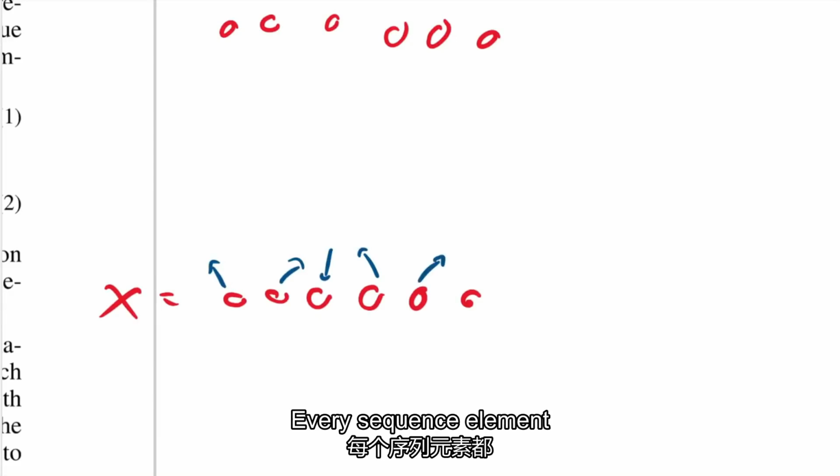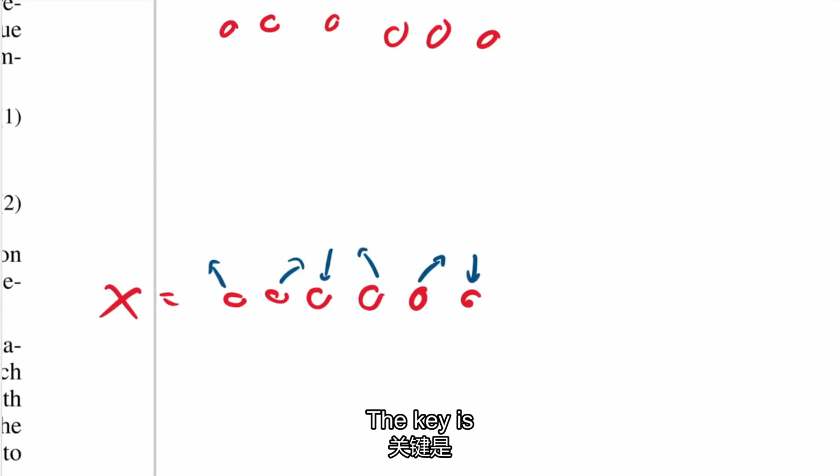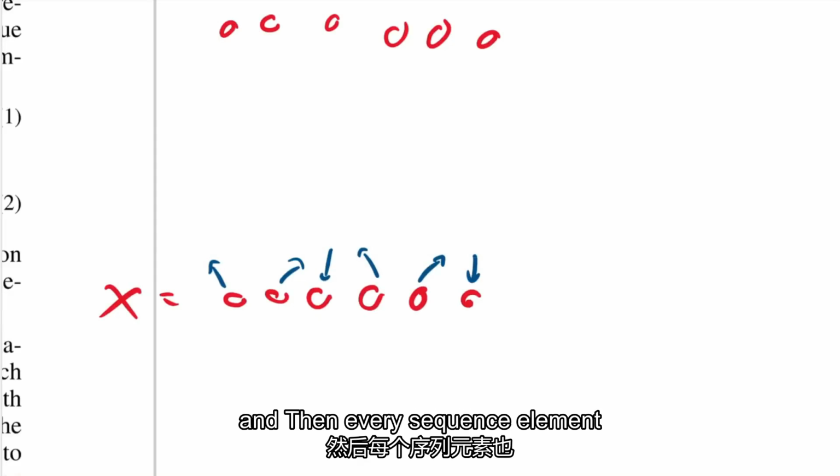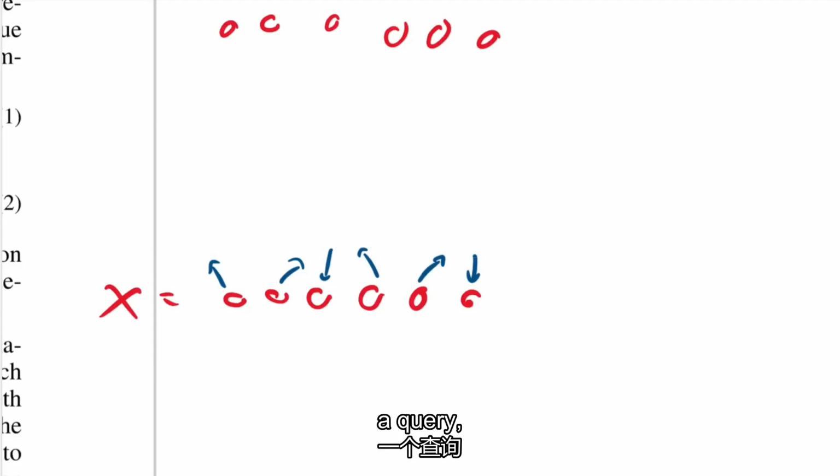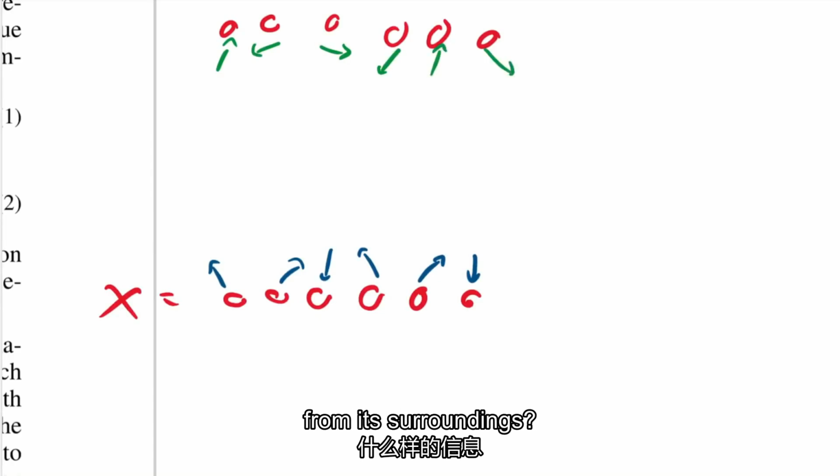So every sequence element expresses a key. The key is an encoding of what kind of information the sequence element contains. And then every sequence element also expresses a query, and the query I usually draw up here. And that is, what kind of information would this sequence element like to gather from its surroundings, right?